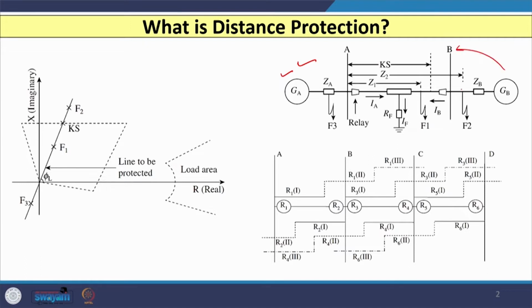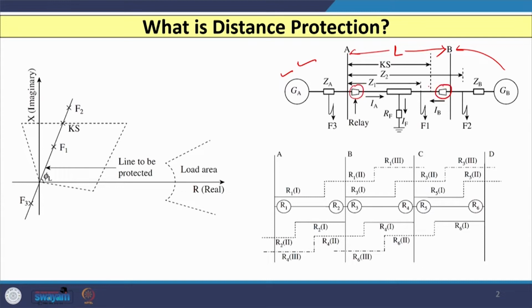B a transmission line is there, and let us say L is the length of the transmission line. Now, we have a relay located at bus A or substation A, and we also have a relay located at substation B, that is shown here.